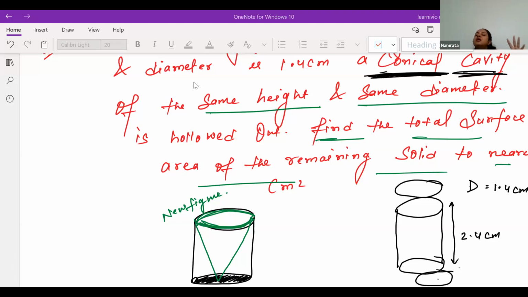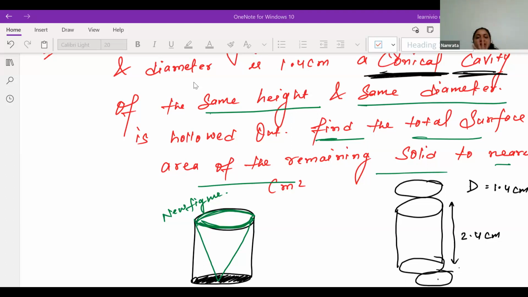If you visualize, you will be able to touch the cylindrical curved surface. You will also have a bottom part, because it's a solid cylinder, so there is no hollow from the bottom part.